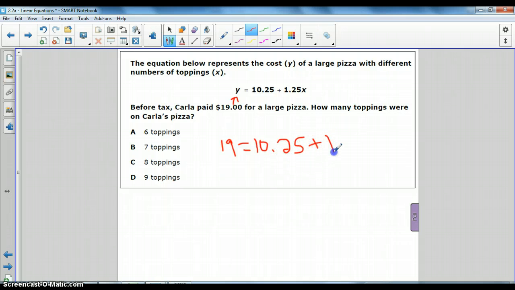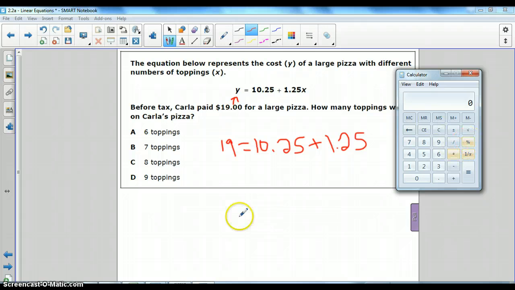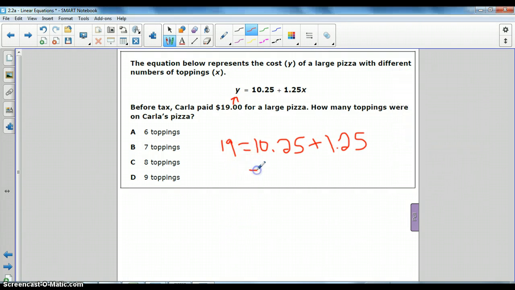For x, so if you were to solve it for x, you would take 19 minus 10.25. Right, we subtract this from both sides.